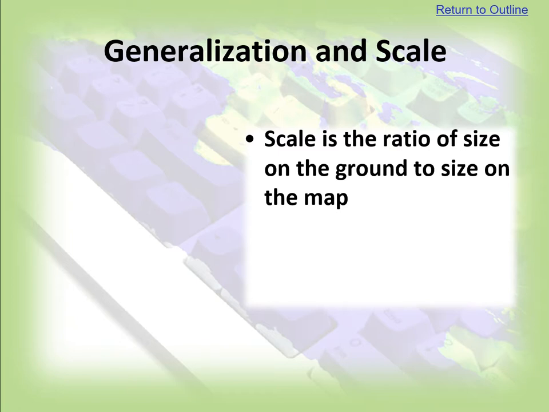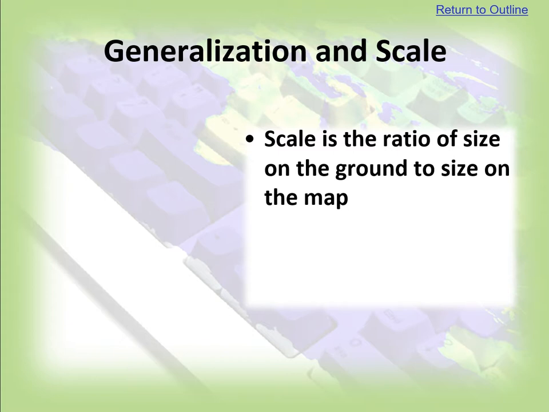The scale is the ratio of the size on the map to the size on the ground. We're always going to have a 1 to something. If I measure 1 centimeter on my map, then I might have 500 centimeters on the ground. That would be a scale of 1 to 500.